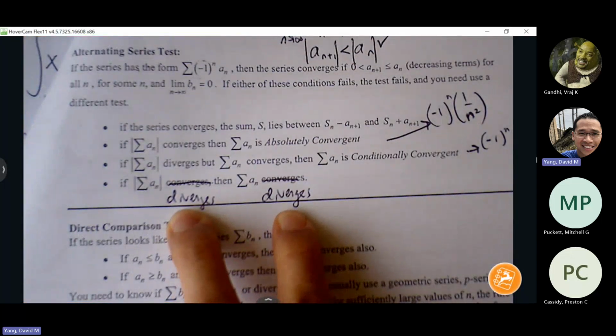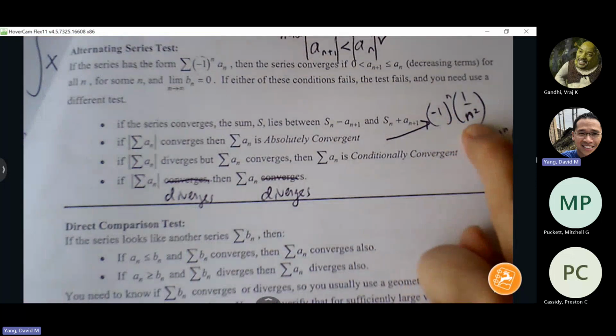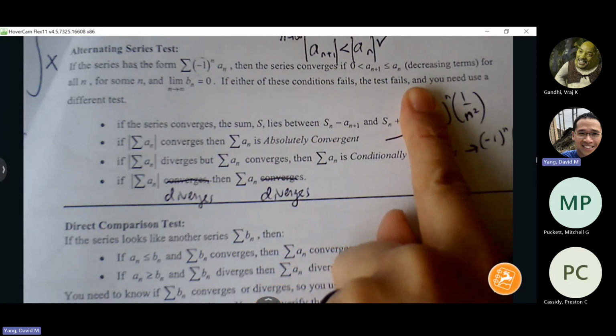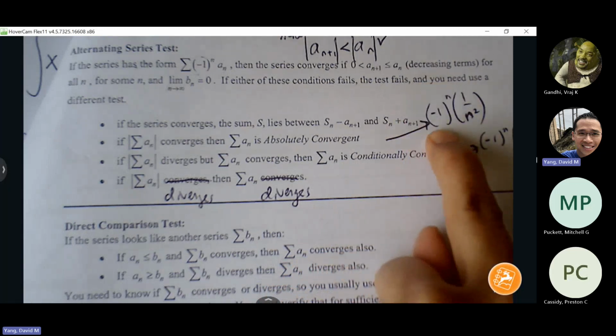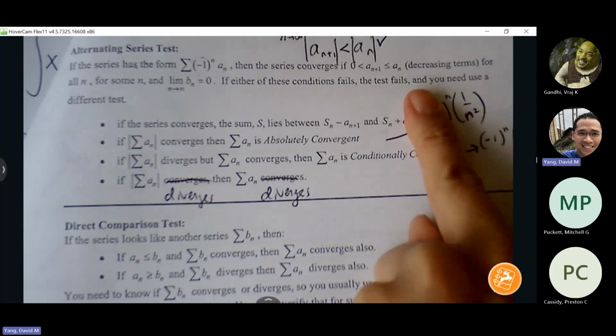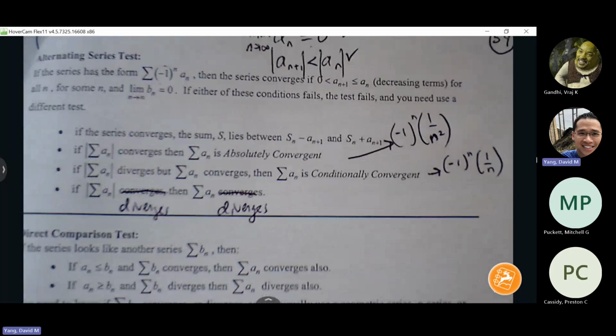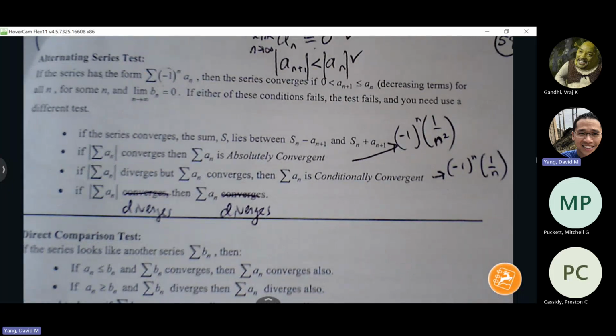If my positive version of my series diverges, if it fails the nth term test, there's no way the alternator will bring it back from divergence. It needs to at least be in that gray area for the alternator to even have a chance to pull it into the converging realm.